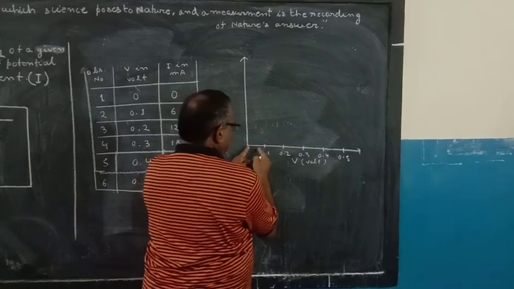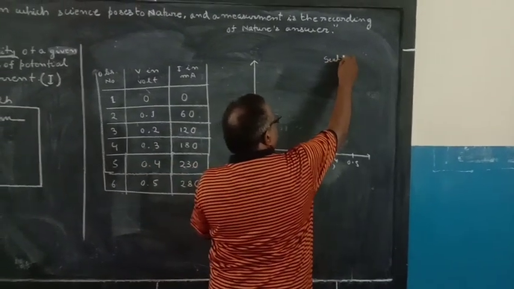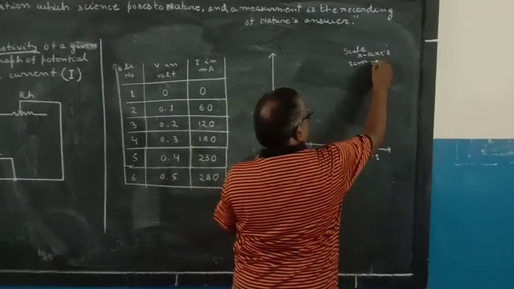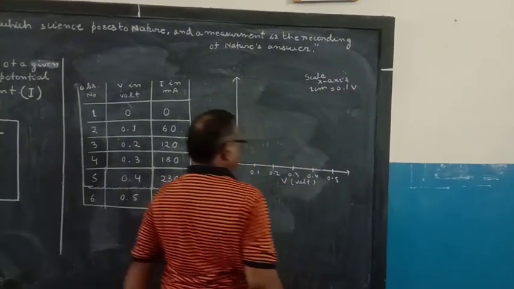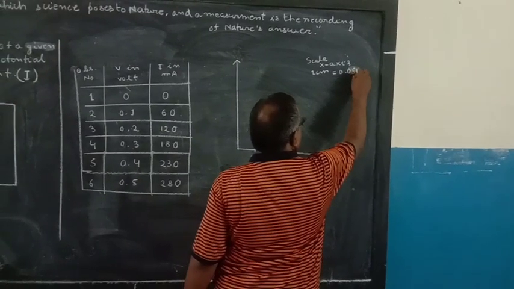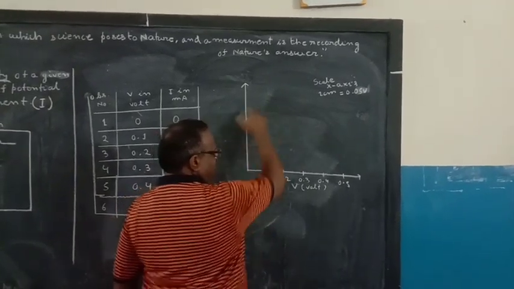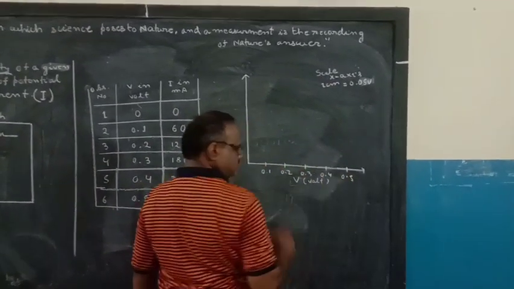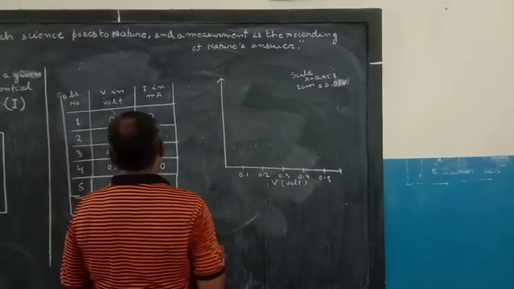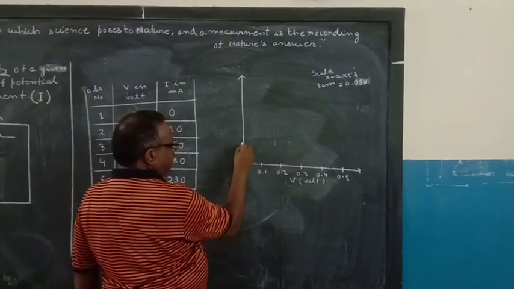In the graph you take 2 cm. So in the scale of the graph you write 1 cm in x-axis is equal to 0.1 volt. So 0.05 volt, you take 2 divisions. Here there is 2 cm, because the graph paper is bigger, so extend it. So 2 cm and 2 cm, you take like that. In y-axis, as the range is there, you take each one 50.